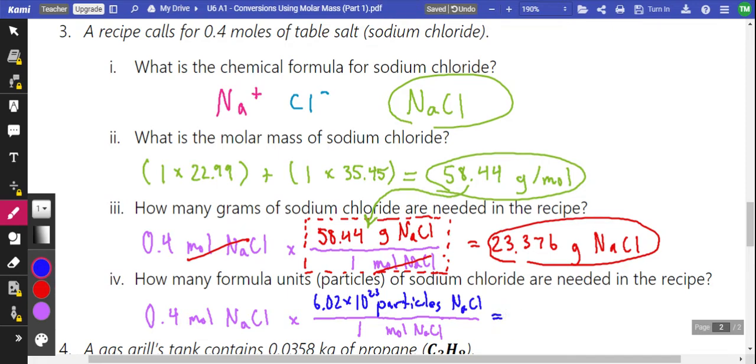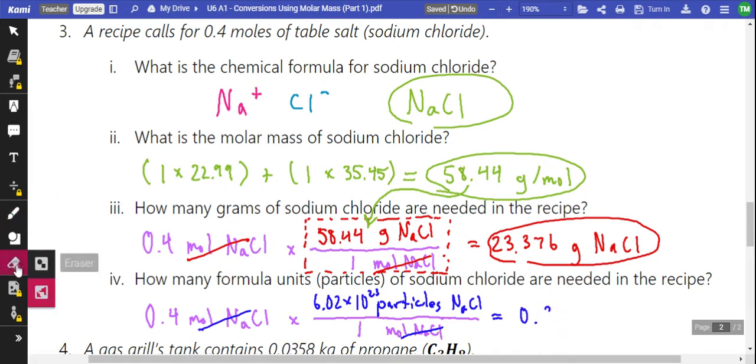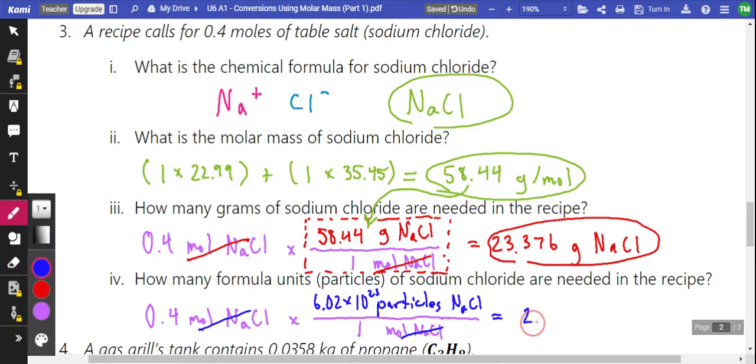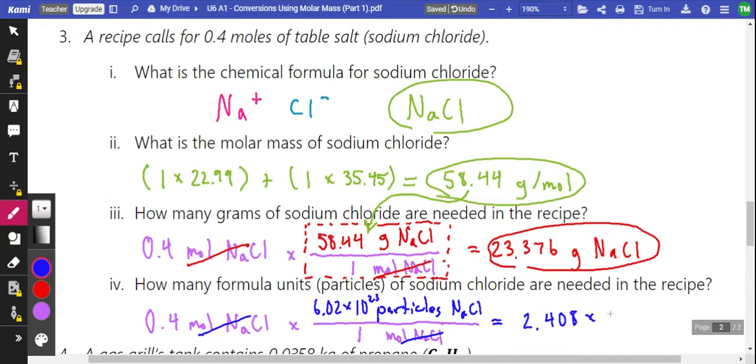So when I multiply by the top, divide by the bottom, I should get my moles units to cancel out. 0.4 times 6.02 times 10 to the 23rd gets me about, oops, sorry, that should be 2.408 ish times 10 to the 23rd.